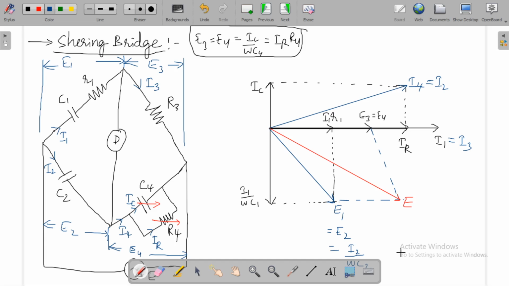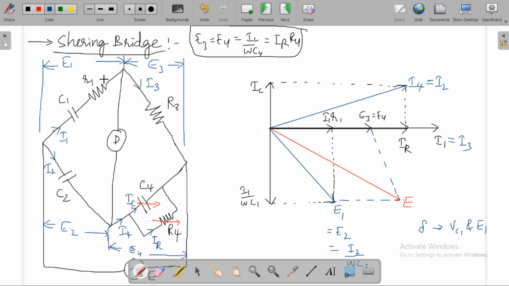Now, what will be the angle delta? Delta is the angle between voltage across the capacitor and E1. Voltage across the capacitance of the impure capacitor is I1 by omega C1, which is nothing but VC1.